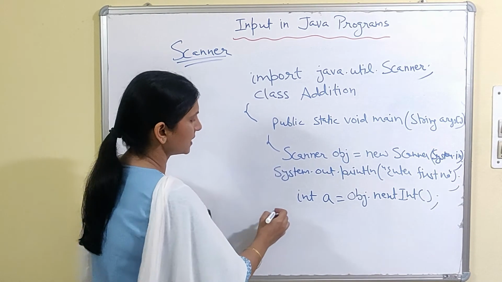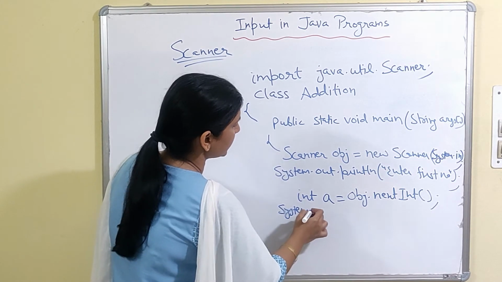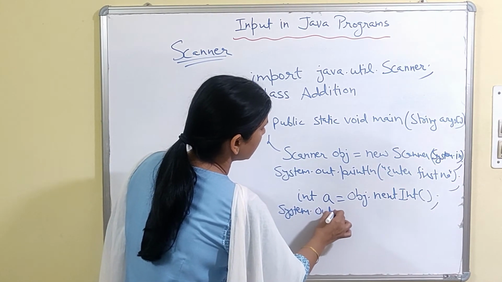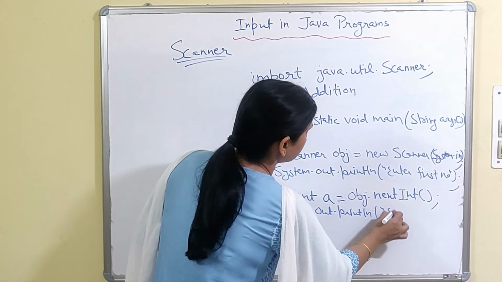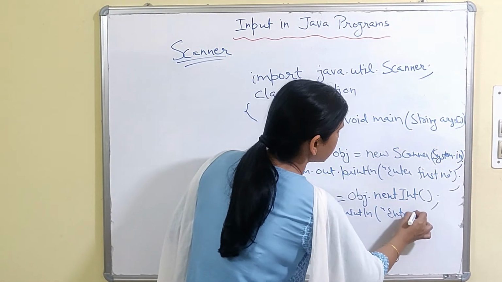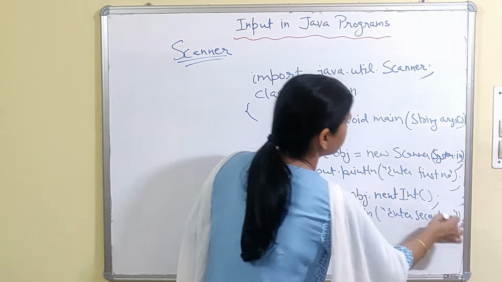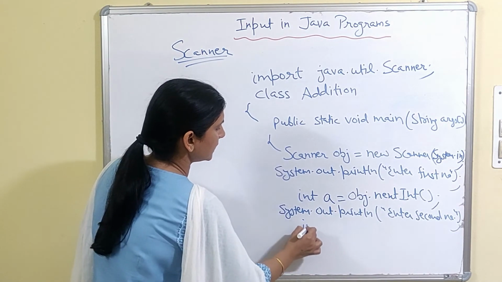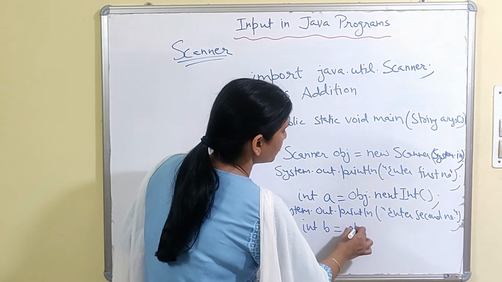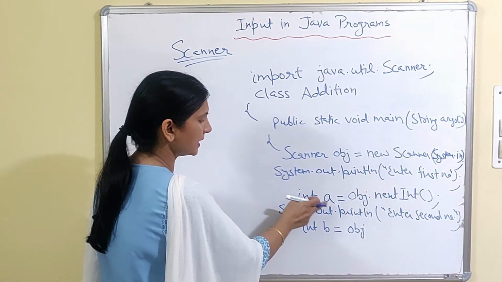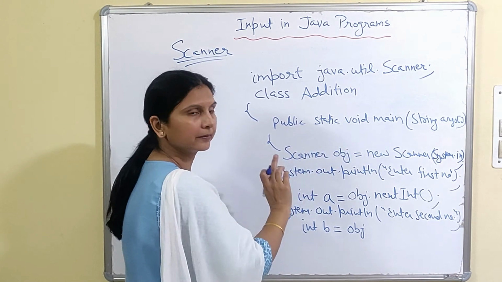Similarly, we will again show a message, System.out.println, enter second number. This is the message. Now again we will take another variable, int b. Either you define a and b separately, or you can define int a, b here.